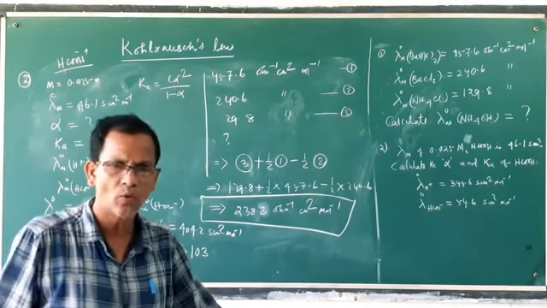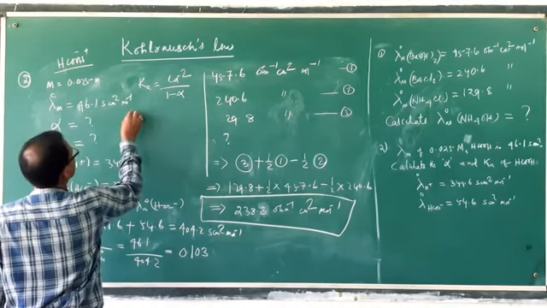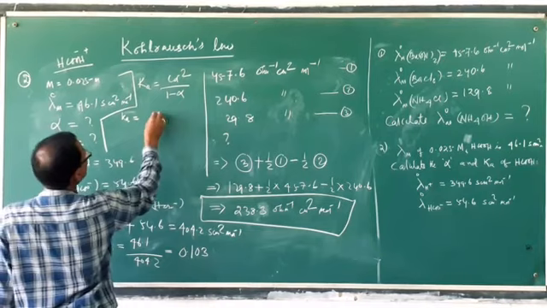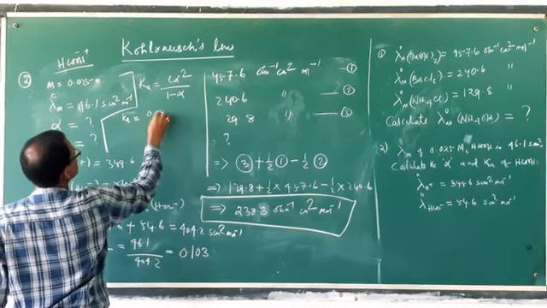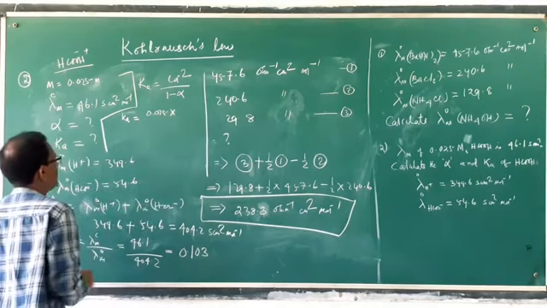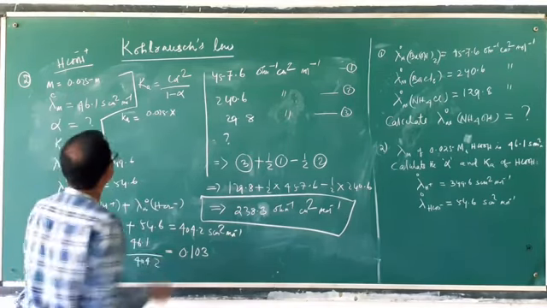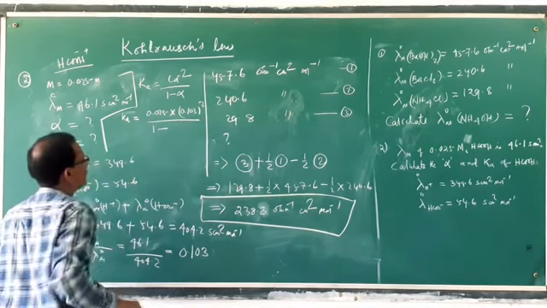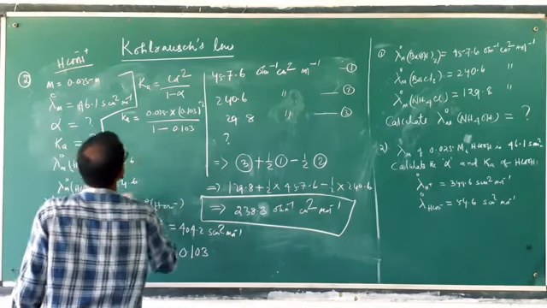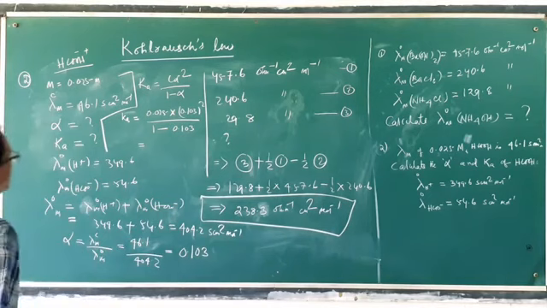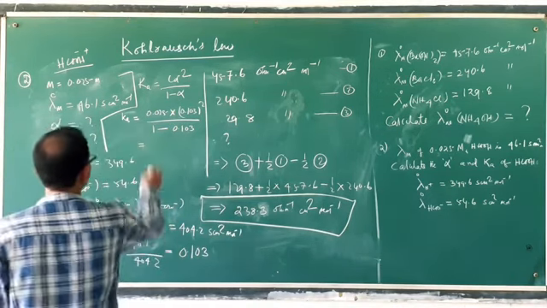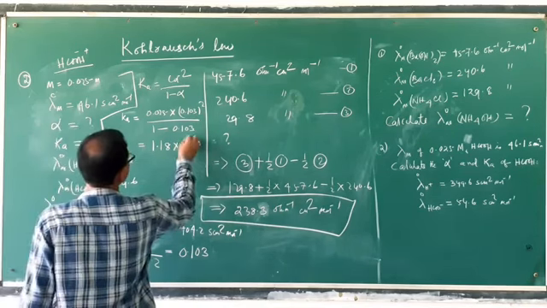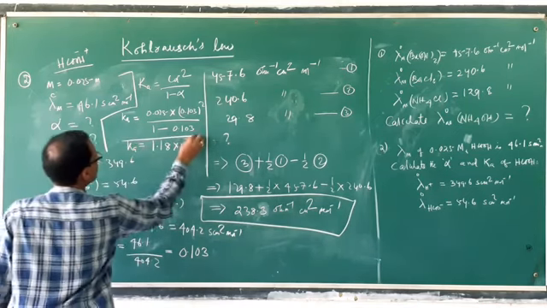Putting in the values, Ka is equal to 0.025, the C value, into the calculated alpha value 0.103 square, upon 1 minus 0.103. If you solve, the K value will be 1.18 into 10 to the power minus 5. This is the value of K.